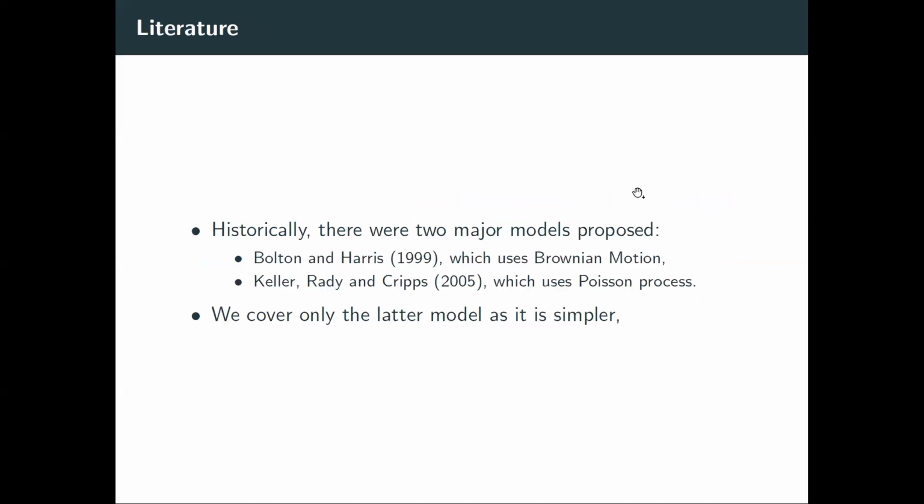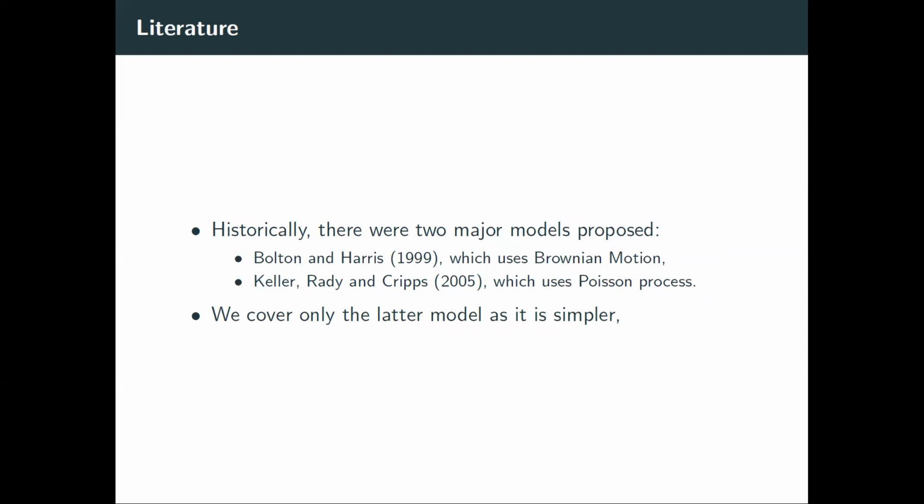Historically, there were two models which had a great impact on the literature in general. The first one historically was Bolton and Harris, and they built a tractable model for this experimentation. For that, they used Brownian motions. We studied Brownian motion, so we know it more or less.